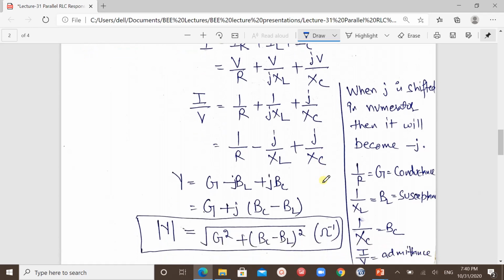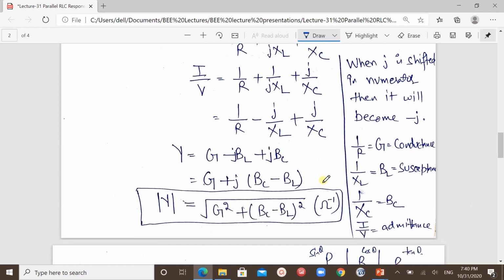We know that 1 upon R is G, 1 upon XL is BL, and 1 upon XC is BC. 1 upon R is conductance, 1 upon XL is BL, the inductive susceptance, and 1 upon XC is BC, again susceptance. So we put all these values.